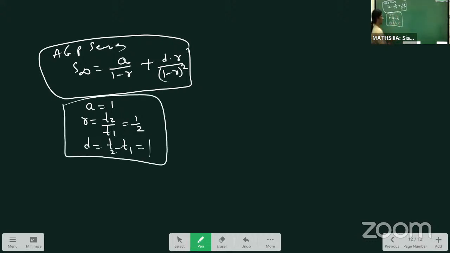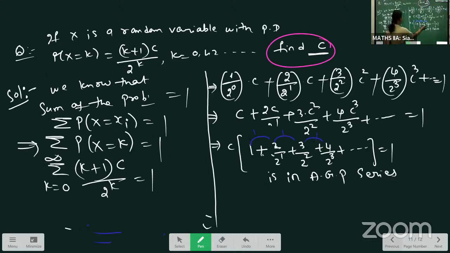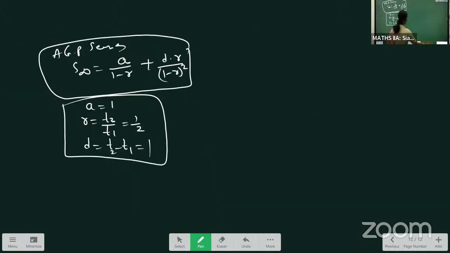So go to the step and substitute. We have C into 1 plus 2 plus 3 and so on. Substitute C as it is, then A by 1 minus R plus D into R by 1 minus R whole square is equals to 1. A is 1, so 1 by 1 minus 1 by 2; D is the common difference 1; R is 1 by 2.